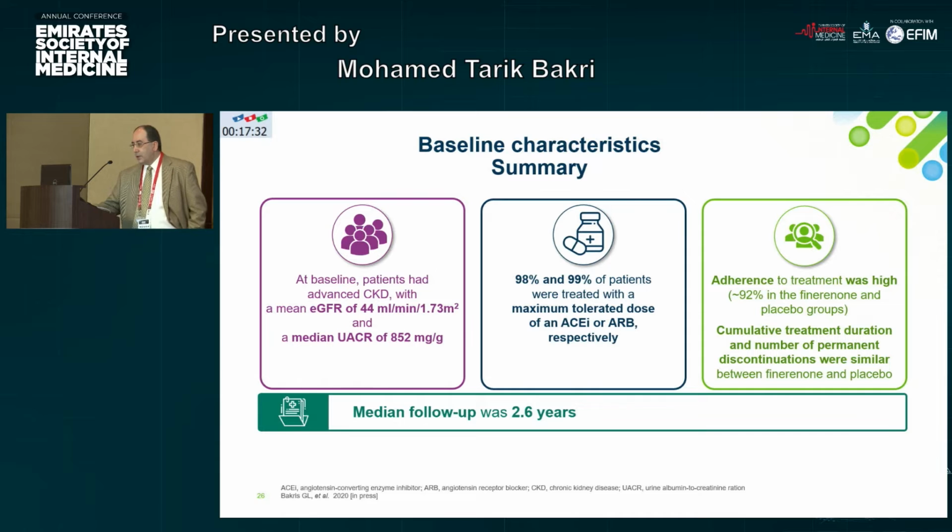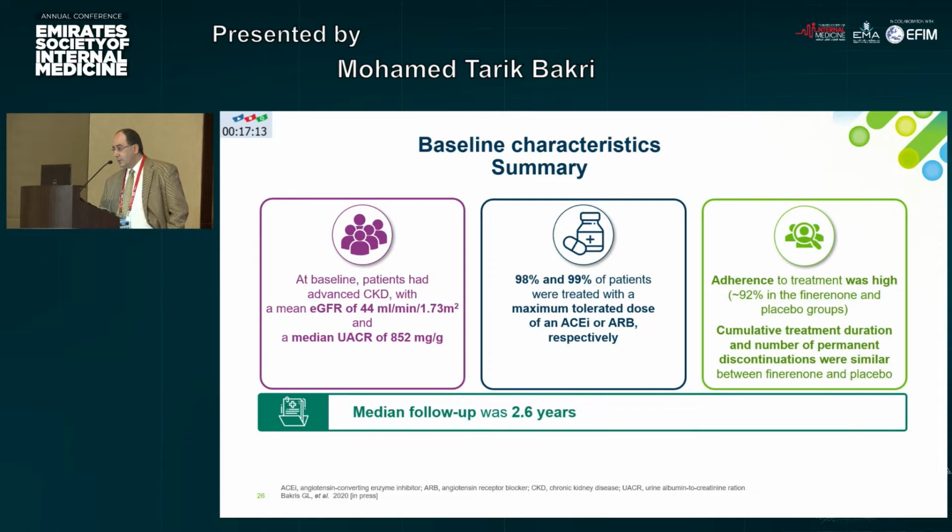So as a summary of the baseline characteristics, the CKD was, as we said, advanced. The mean GFR was 44 with a median urine albumin creatinine ratio of 850. Most of the patients were on a maximum tolerable dose of ACE inhibitors or ARBs.